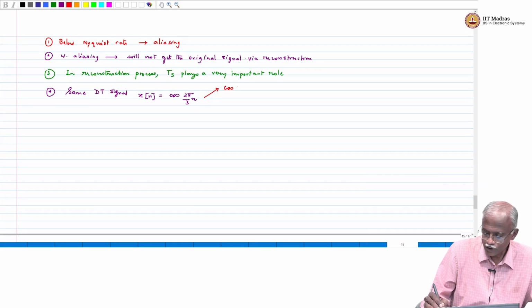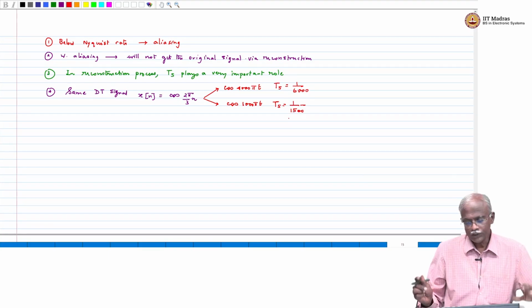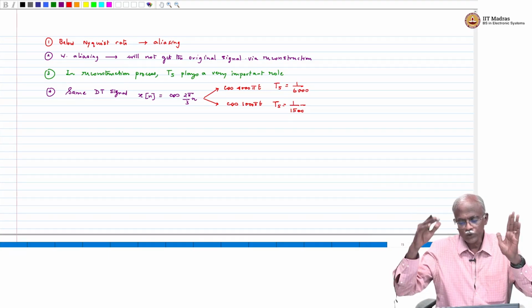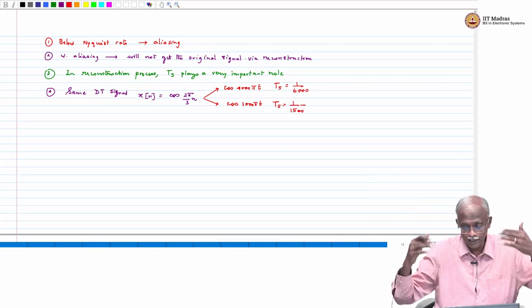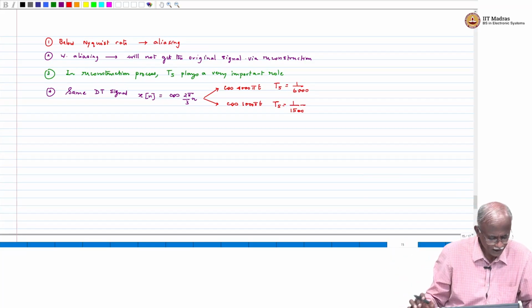It gave us cosine 4000 pi t with Ts equal to 1 over 6000, which satisfies the Nyquist rate. It also gave us cosine 1000 pi t with Ts equal to 1 divided by 1500. So the same discrete time signal can produce multiple continuous time signals.